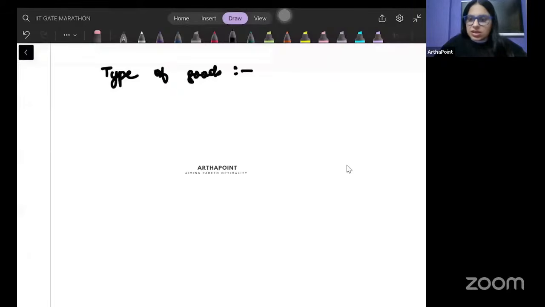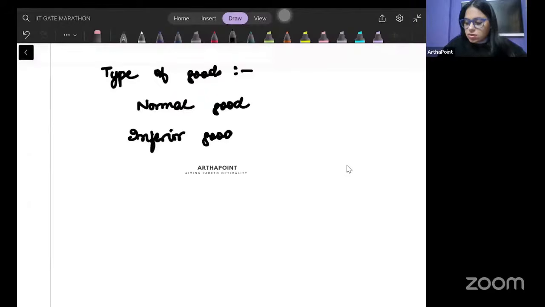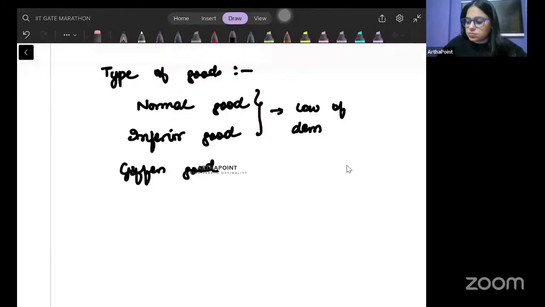It can be a normal good, an inferior good, and a Giffen good. Both of the first two obey the law of demand, and the Giffen good is an exception to the law of demand.